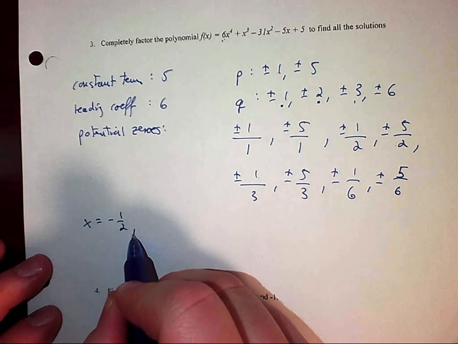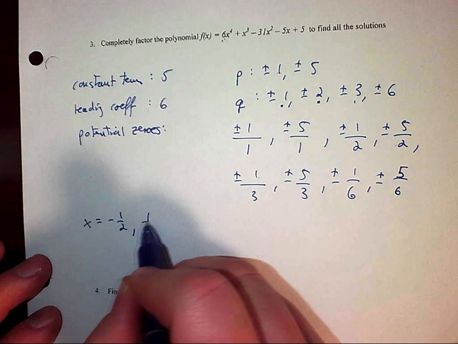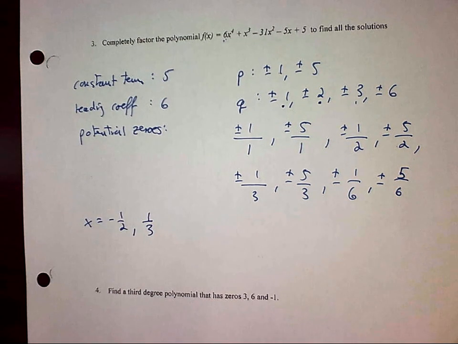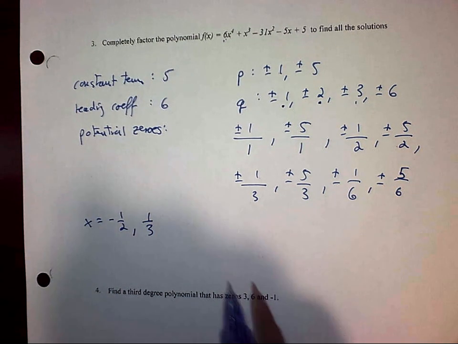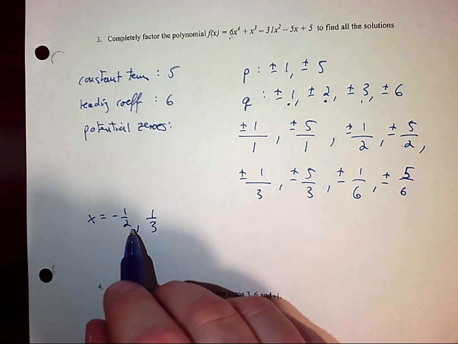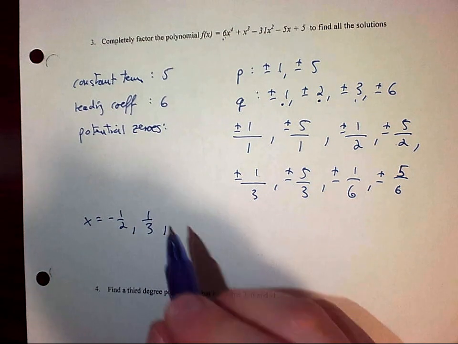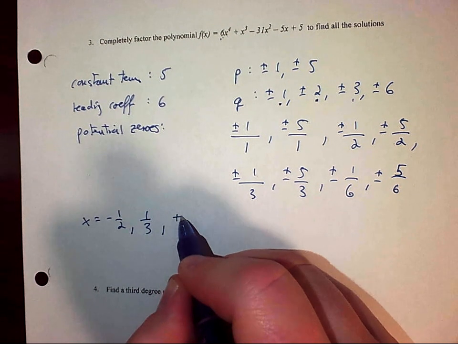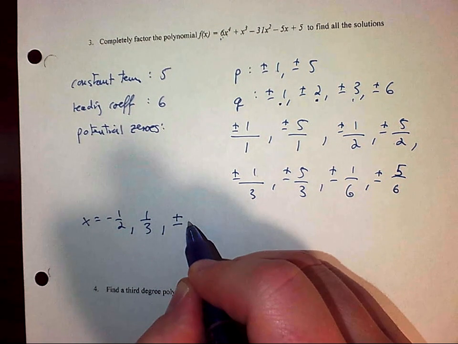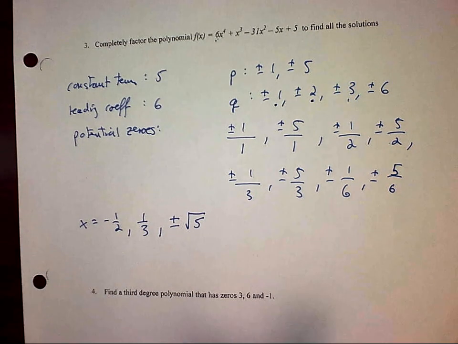Not only for negative 1/2 does it work, but it's also going to work for 1/3. Now, the next thing that we can also find out is that if you plug these two things in and then you try to factor it, the zeros of this polynomial are also going to be plus or minus the square root of 5.